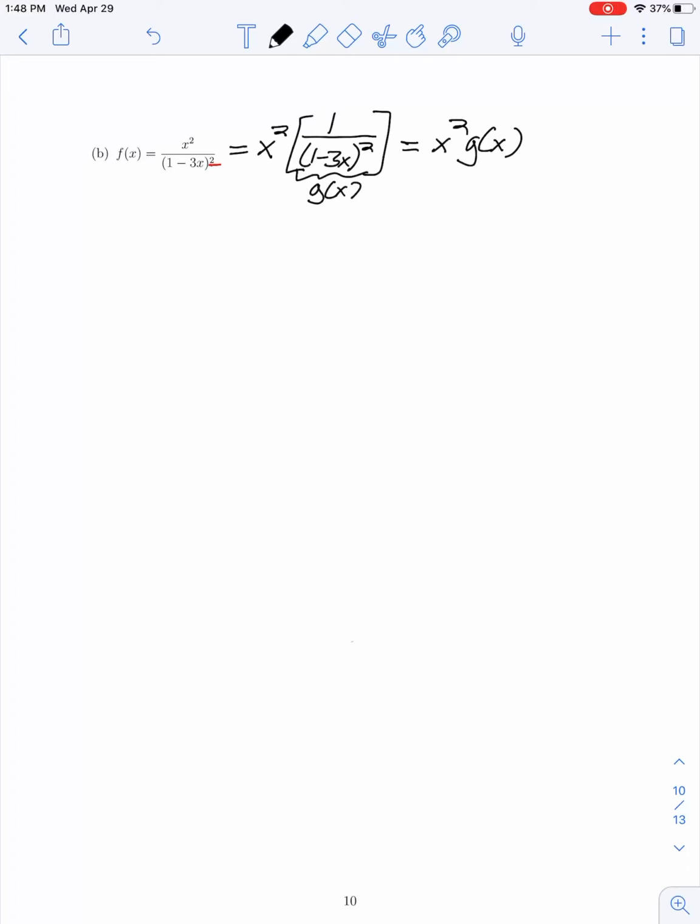So here, my function f of x is of the form x squared times a function g of x. And this function g of x is almost identical to the type of function that we saw in part A. So let's see if we could handle that g of x function the same way that we did in the previous example.